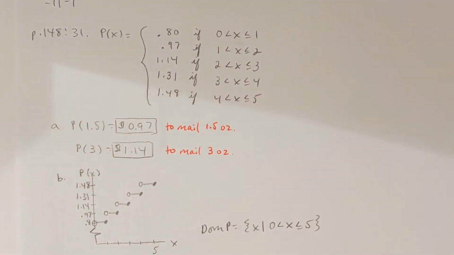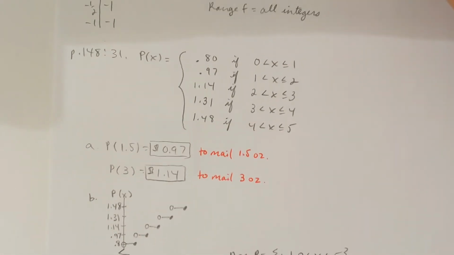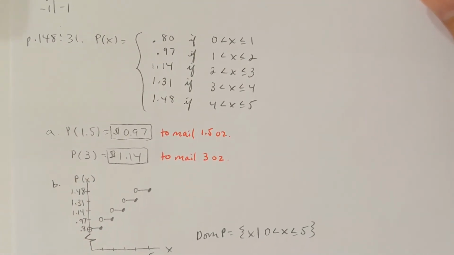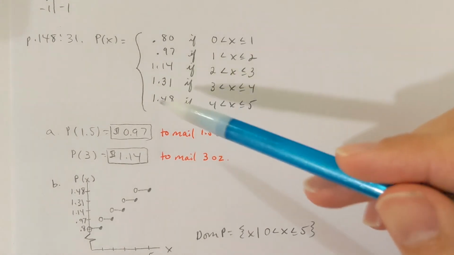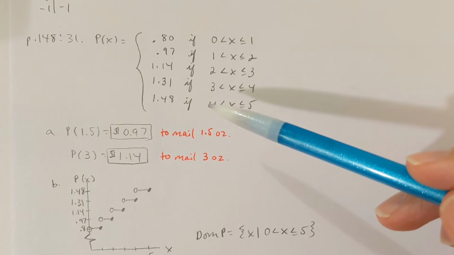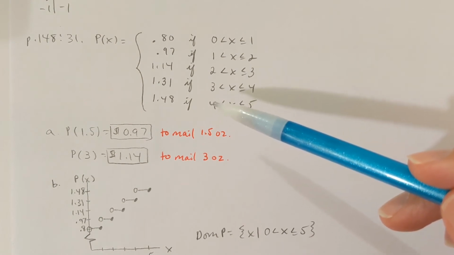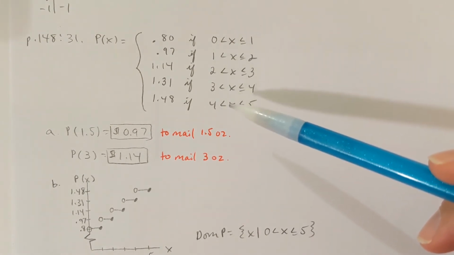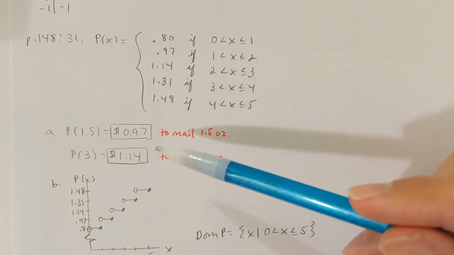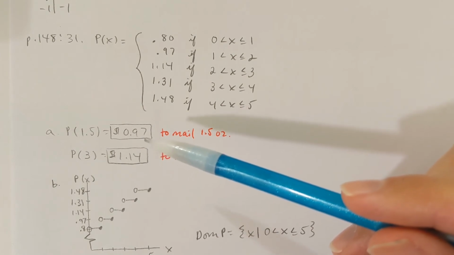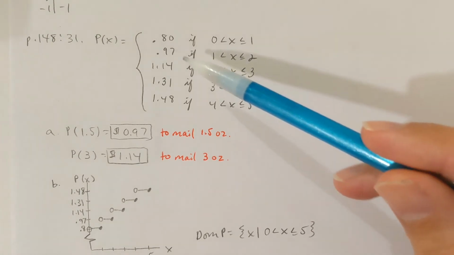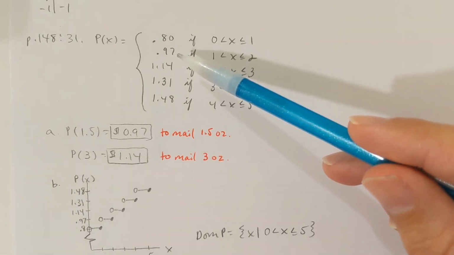Let me begin with the function, and notice how this is an example of a piecewise function. I've got 5 pieces written, and so p of 1.5 is right here, 97 cents.